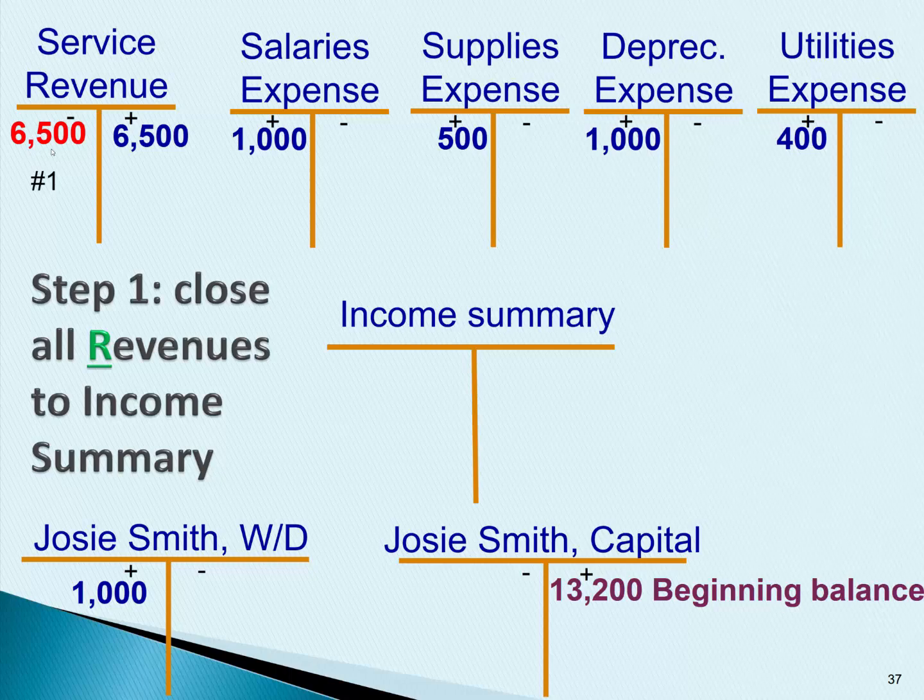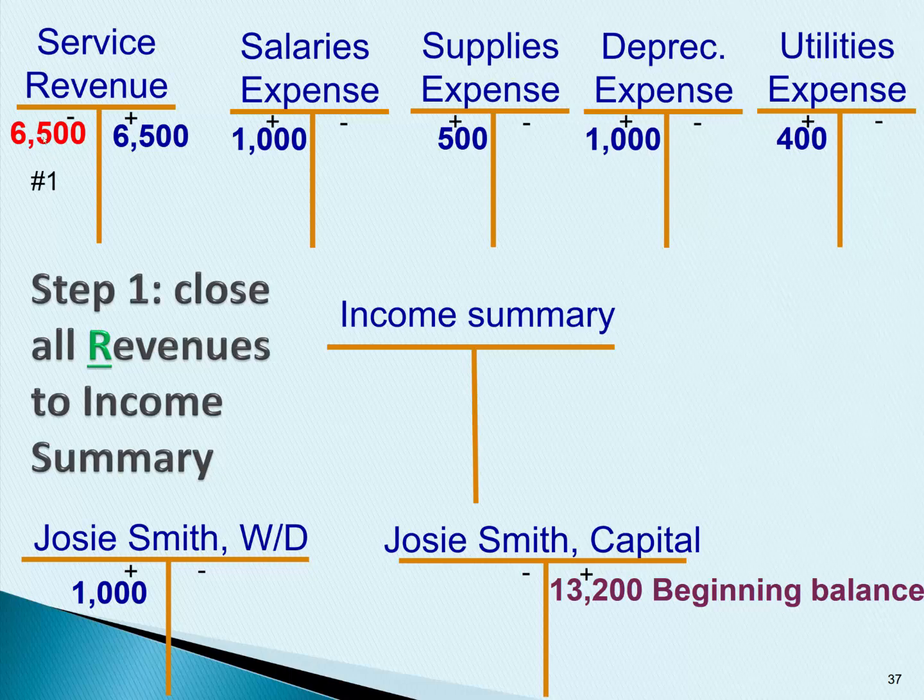Now, when you're doing this on a piece of paper, it's really a good idea, if you can, to do the closing entry, now this is a part of the closing entry, this $6,500 debit, it's a good idea to do it in a different color so that it's easy to distinguish the closing entry from the normal balance. So step 1 again says close all revenues to income summary.